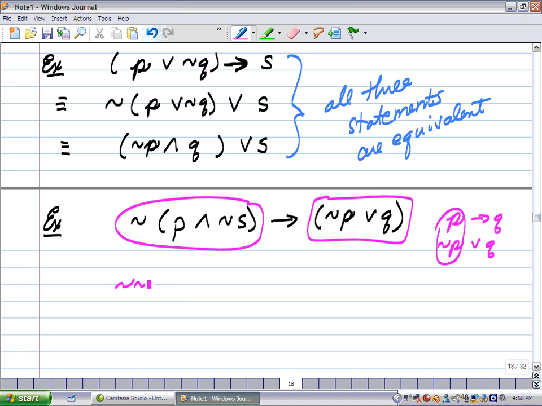So the opposite would be two nots. Well, what does not mean? Not means it is. So you take away the not. The implication, or the arrow, becomes an or, and here we have not P or Q. So we have rewritten this one.